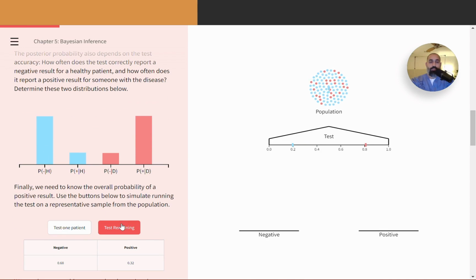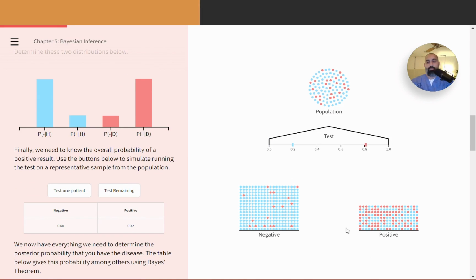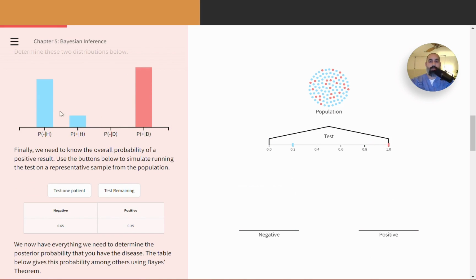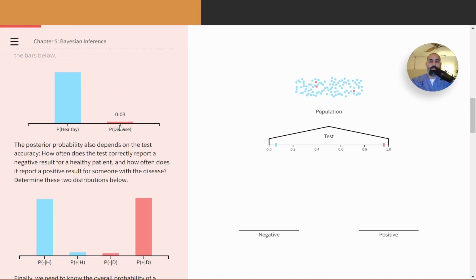And then you can test 100 patients, and you can see that all these negative tests pile up, but there are some false negatives, and all these positive tests pile up, but there are some false positives. And we can play around with how these things play out in different scenarios, very accurate tests, for instance, and very rare diseases.